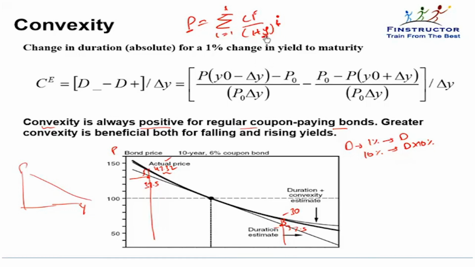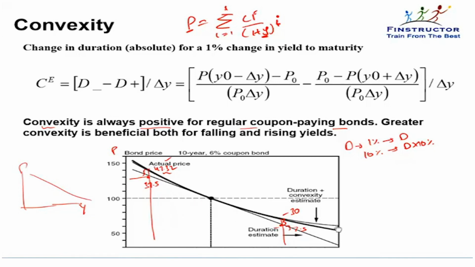It is a more complex relationship, as we see. In fact, it is a convex relationship. That is, when yields change, prices don't change in a linear fashion. And we can plot that very easily. Just keep changing the yield slightly and actually plot the prices that come on your calculator. You will be exactly able to plot this convex curve.